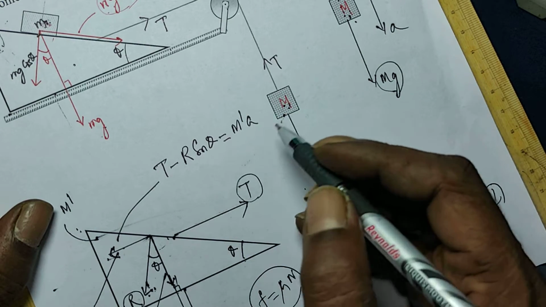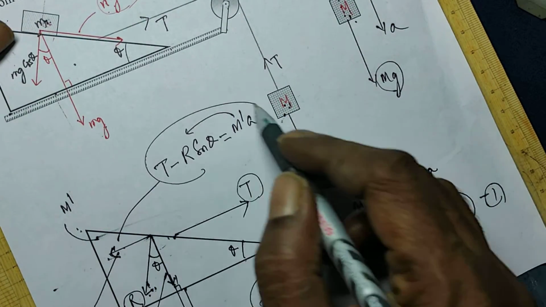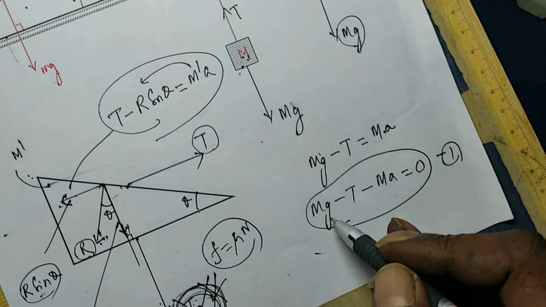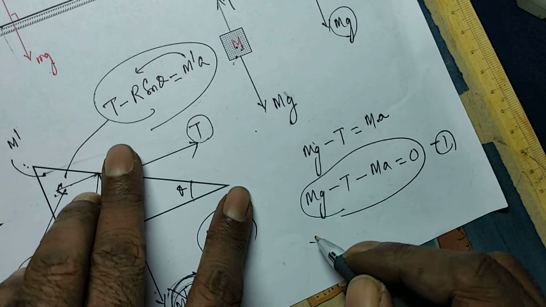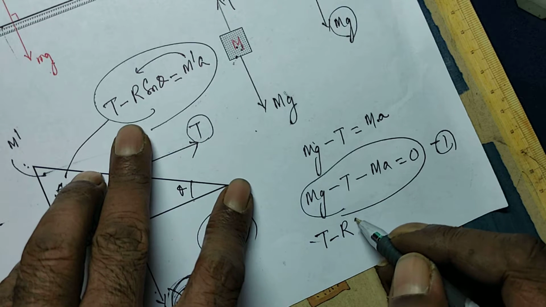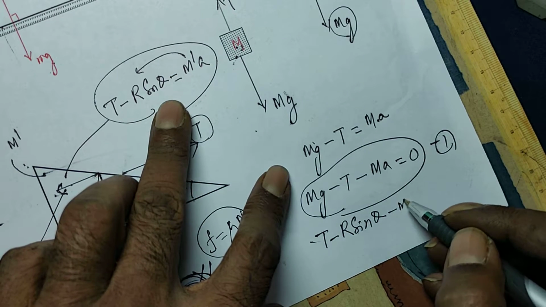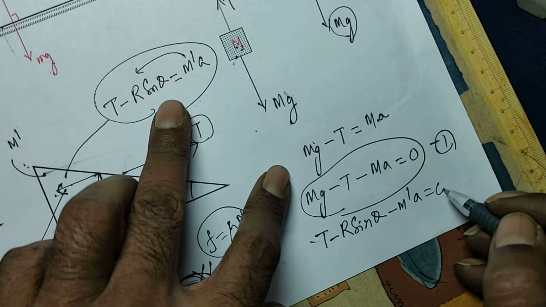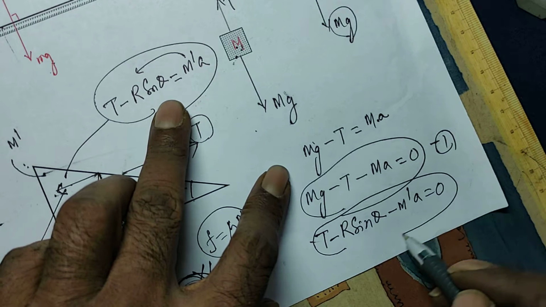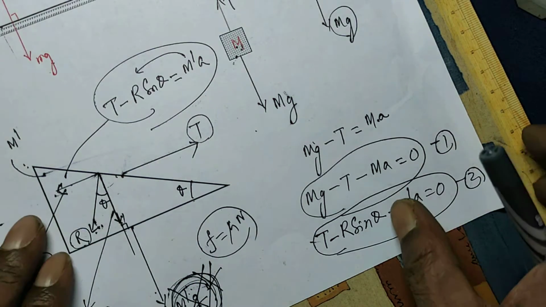So this is your equation 2. Let me bring it to the left hand side and rewrite it here as T minus R sine theta minus m dash a is equal to 0. Your second equation.